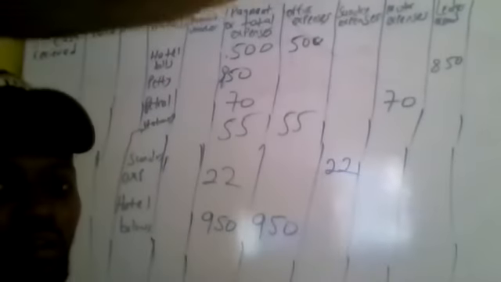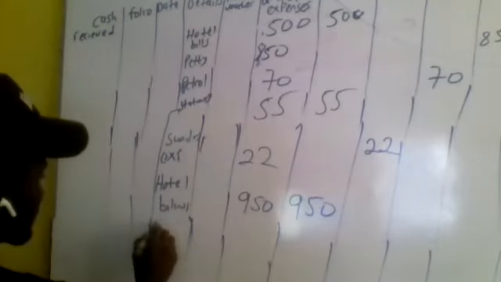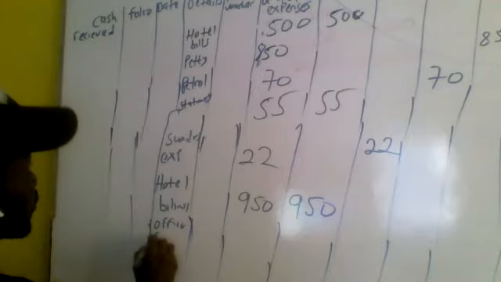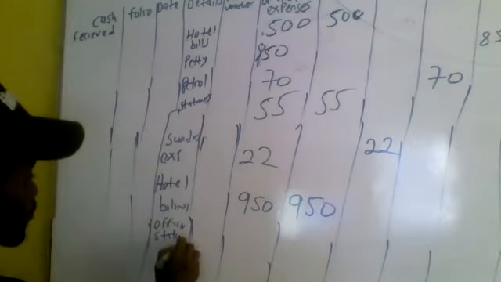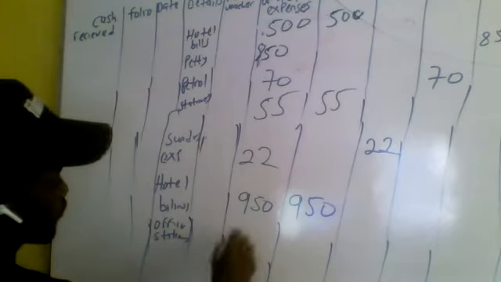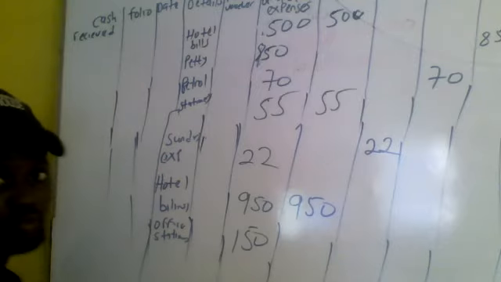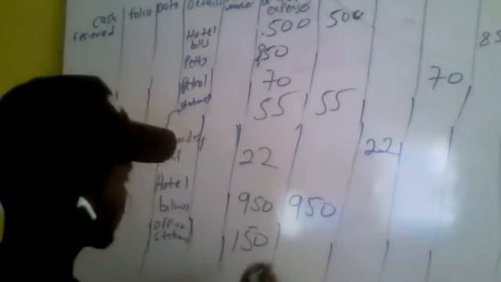Any other one? Is that all? Office stationery. How much is that? 150 naira. And that's going to fall where? Under office expenses. Very good.